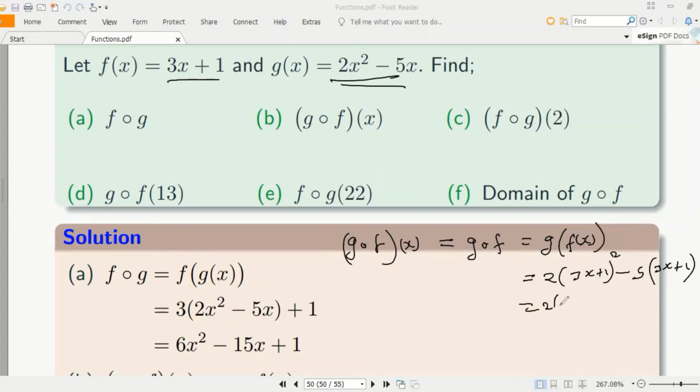This will be 2 into 9x squared plus 6x plus 1, then minus 15x minus 5. And you can simplify this.